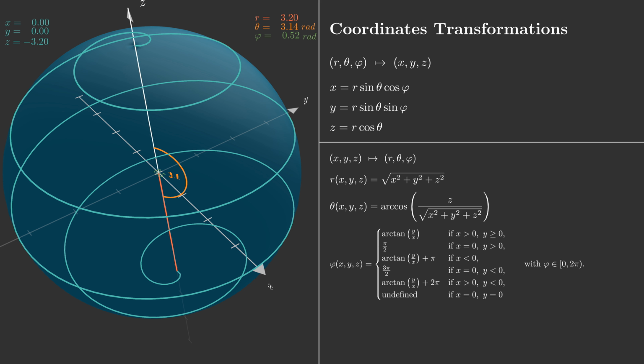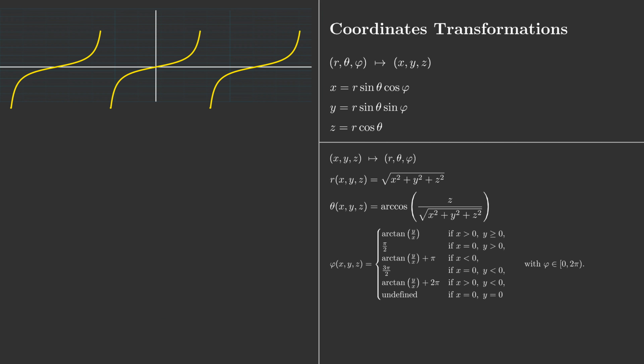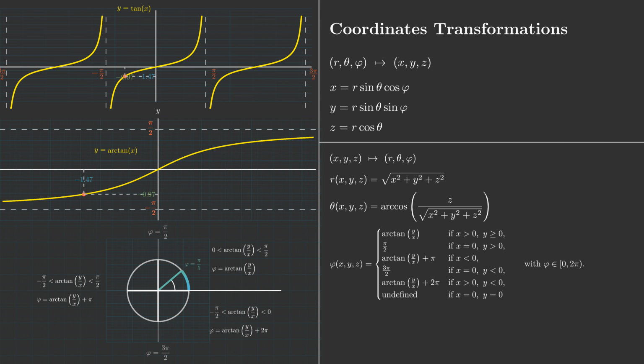In the first quadrant, we set phi to be the arctangent of y over x, which yields values in the half-open interval from 0 to pi half. On the positive y-axis, as expected, y over x is not defined. Nevertheless, we can set phi to be pi half, as the limit of the tangent function, as the argument tends to positive infinity, exists and equals pi half.